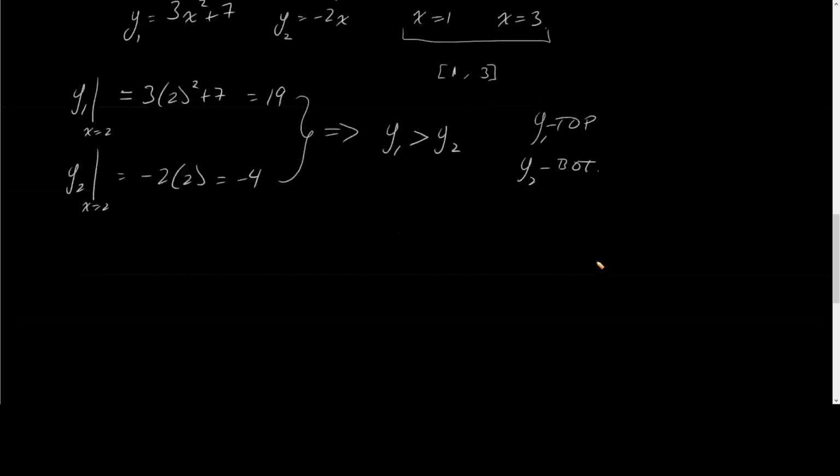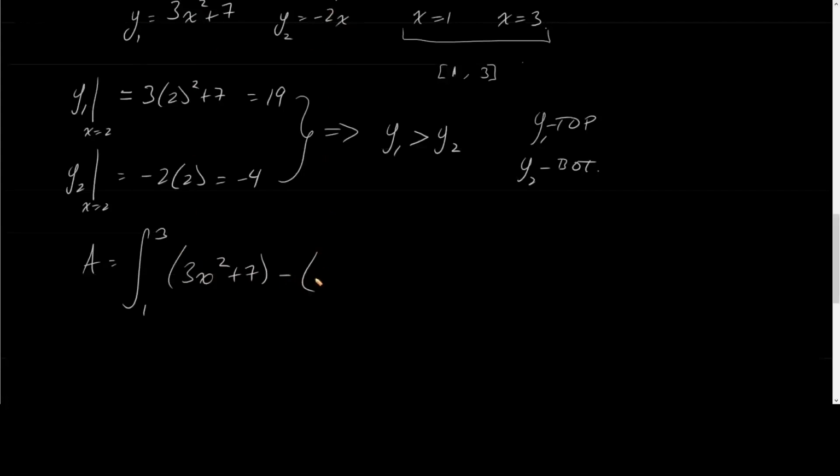So now our area is the integral from 1 to 3, because that's the interval we were working with, of the top function, which was 3x squared plus 7, minus the bottom function, which was negative 2x, and all of this dx.